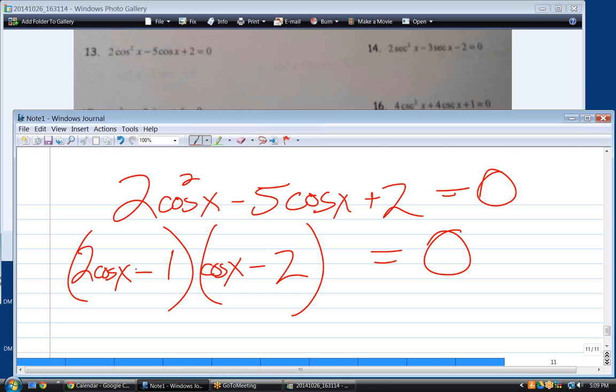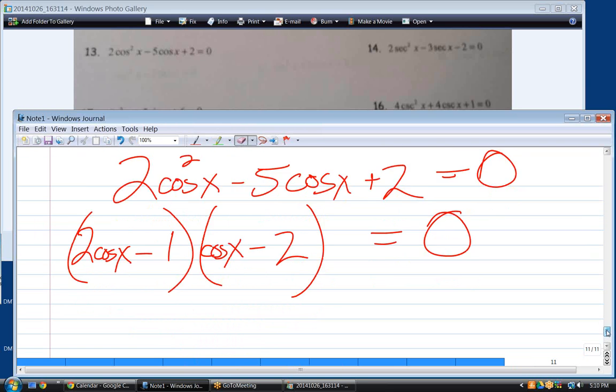So 2, 1 and 1, 2 are different answers. But this is the only thing that produces a minus 5 in the middle. Notice the way I always do these. I multiply the inside to check and the outside to check. Add them together, you get minus 5 cosine x. That is our middle term. Okay? All right. Almost home.